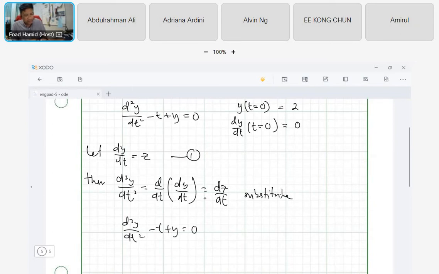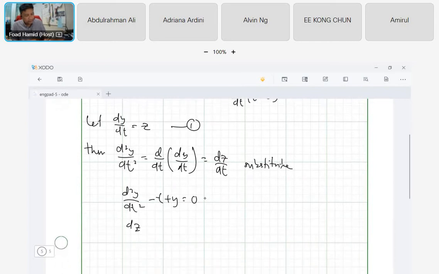which now becomes d²y/dt² is just dz/dt, minus t plus y equal to 0.